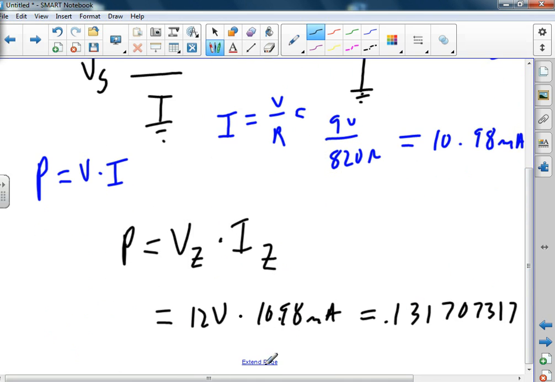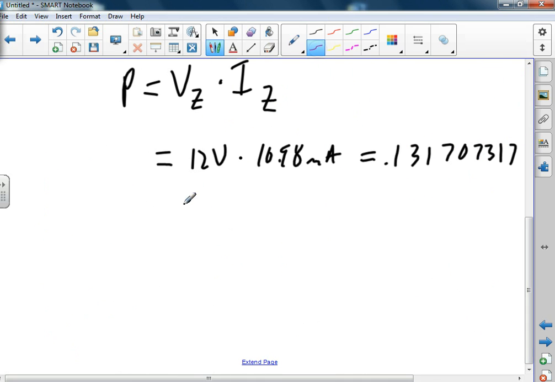So that being the case, I would go final answer 130 milliwatts. I wouldn't call it 0.130. I wouldn't call it 0.13 watts. I would change it to milliwatts and keep it that way.